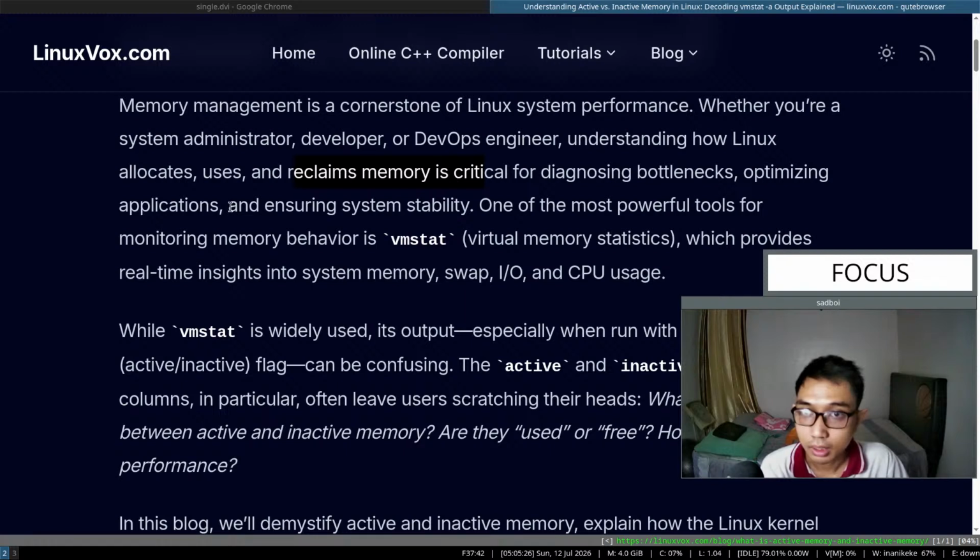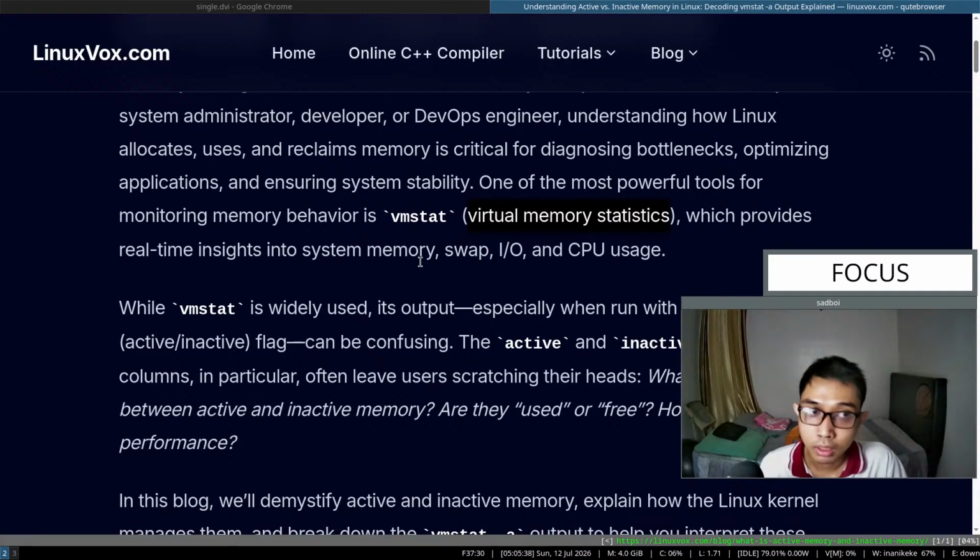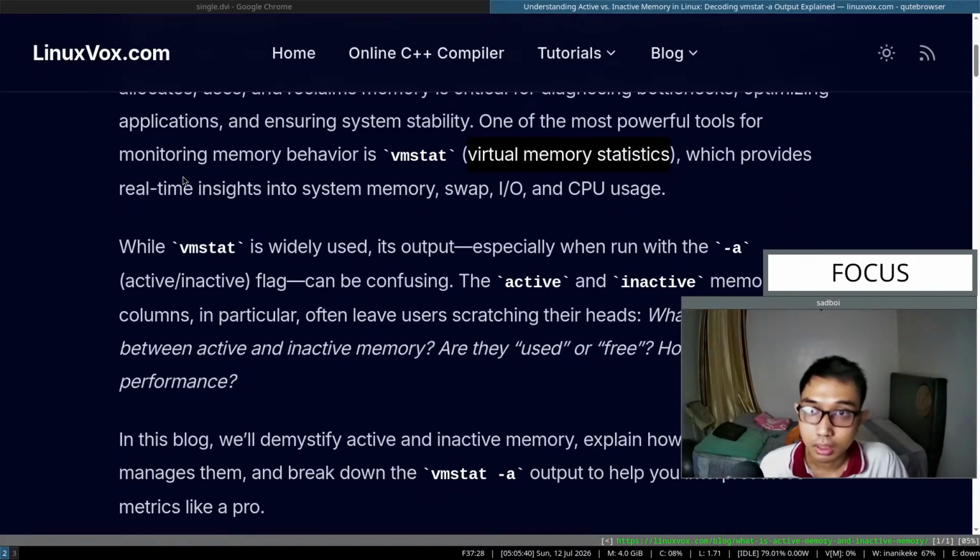One of the most powerful tools for monitoring memory behavior is vmstat, Virtual Memory Statistics, which provides real-time insight into system memory, swap, input, output, and CPU usage.